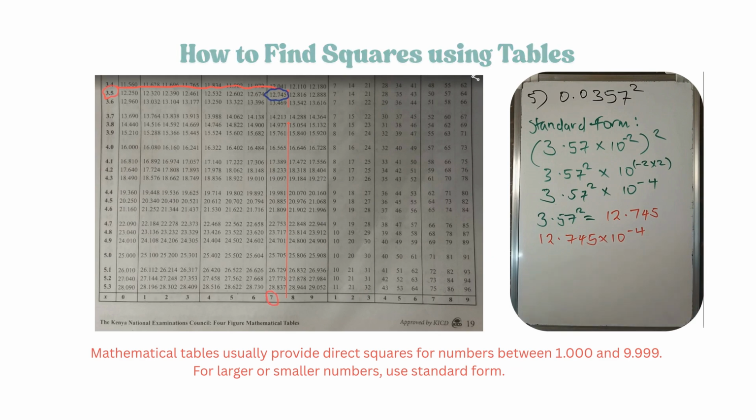What's the answer? Negative 4 will be moving to the left, so we'll have 2 more zeros. So our answer will be 0.001275.